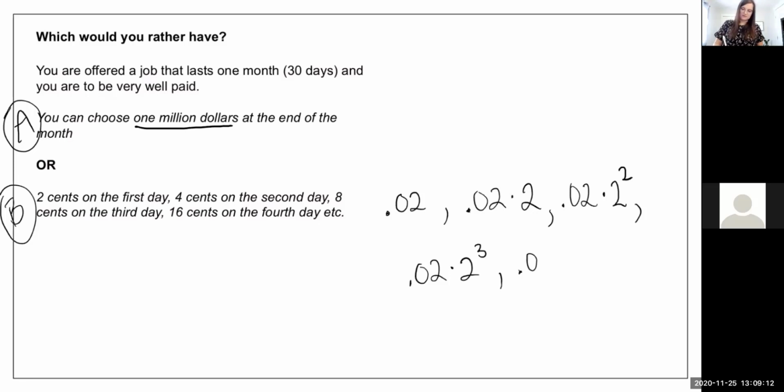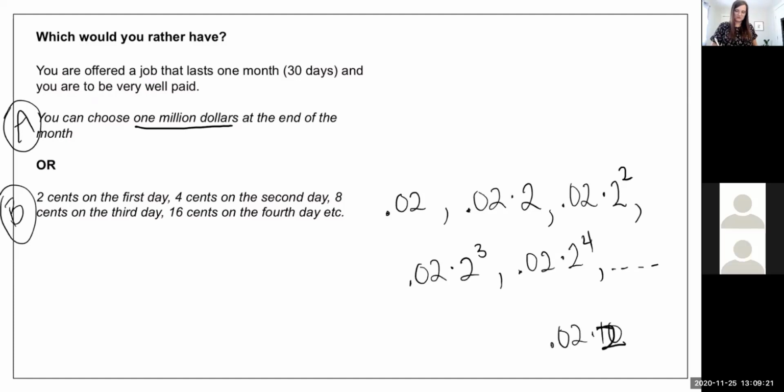And so on. So up to 2 cents times 2 to the power of, and if day 1 was 0, then on the 30th day you'll get 2 to the power of 29 times that 2 cents, I think, right? So, okay, let's see what we've got here. 2 to the power of 30 is bigger than a million already.